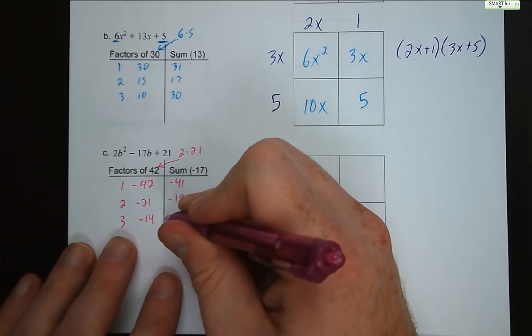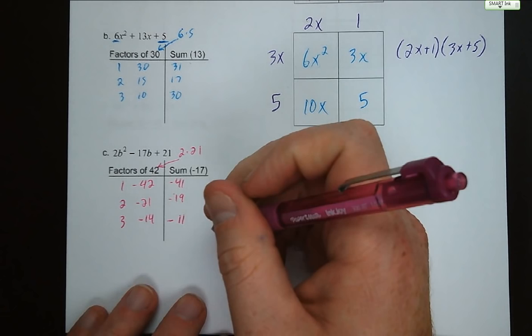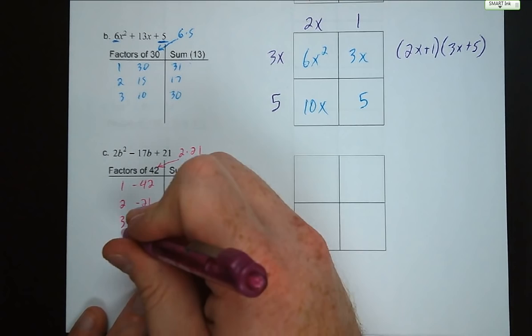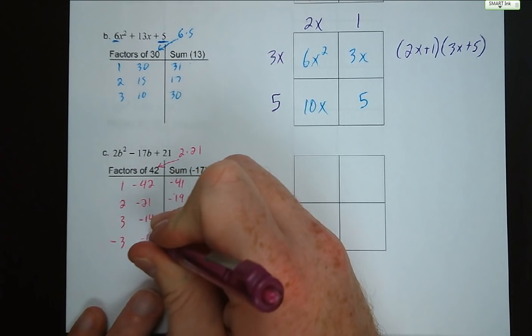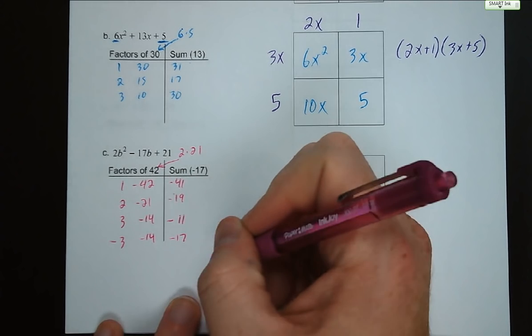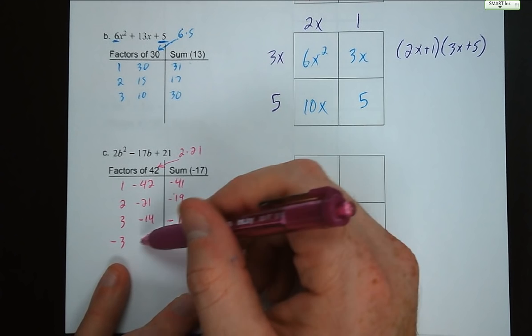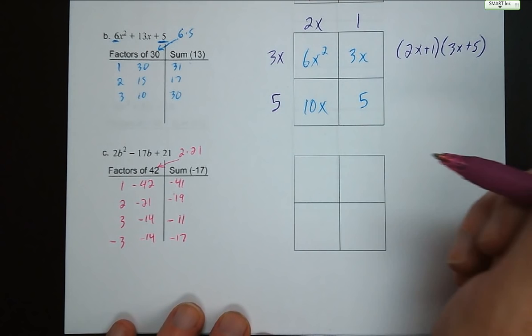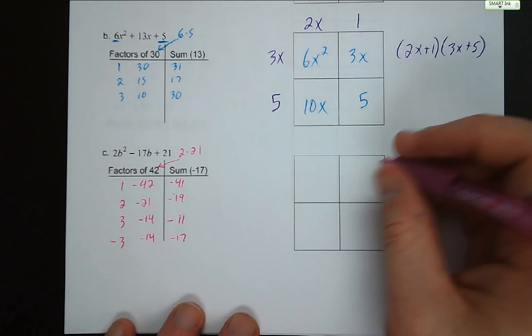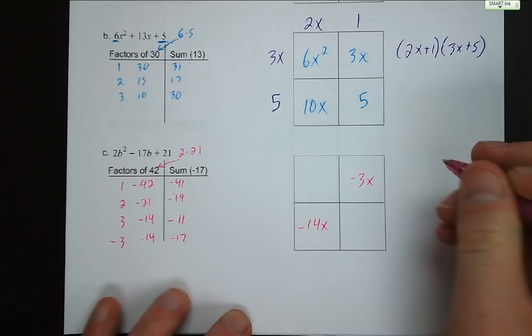That gives us our negative 11. What if we did negative 3 and negative 14? That'll give us negative 17. Right, because this has to be positive, so they both should have been negative all along. All right, so we have our two factors. So we have our negative 3x, negative 14x. That's where we got those.